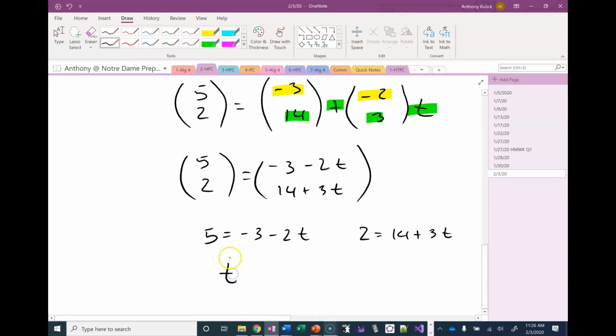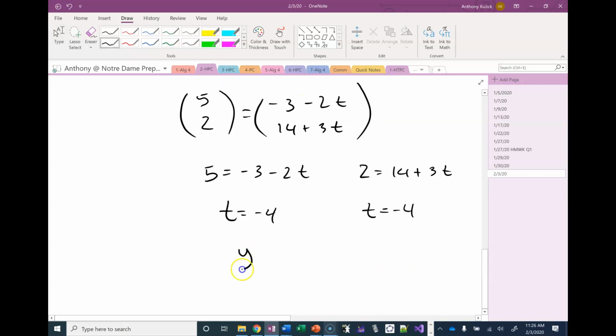So when I do the first one, I add 3 over, gives me 8, and then divide by negative 2, I get negative 4. Here, if I subtract 14 over, I get negative 12, and I divide by 3, I also get negative 4. So yes, that point is on that line. Does that feel good there?